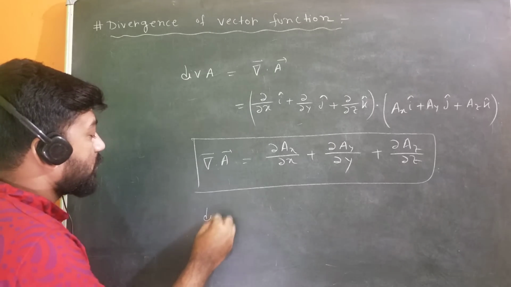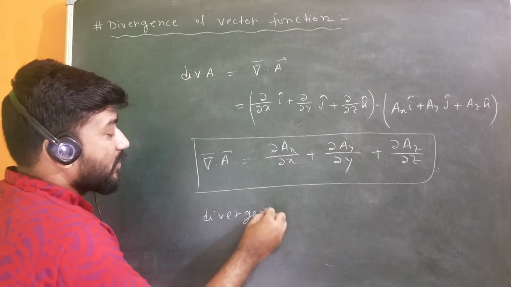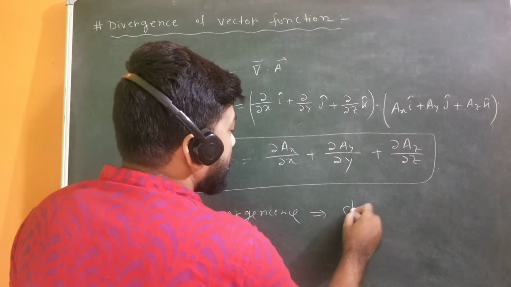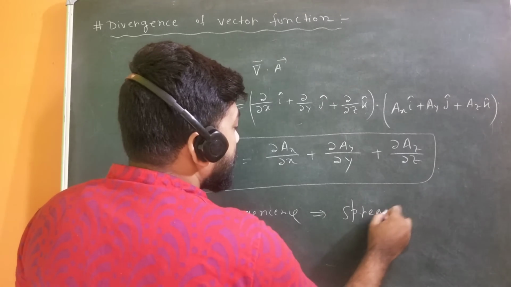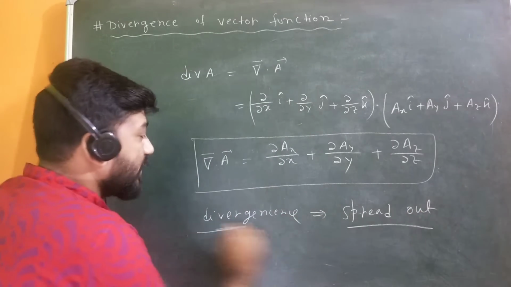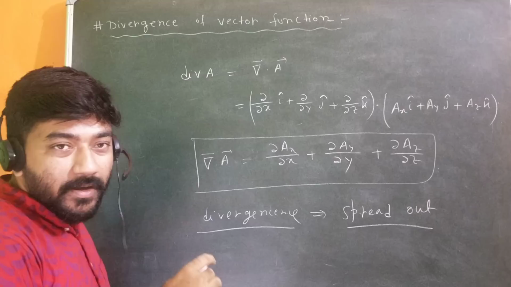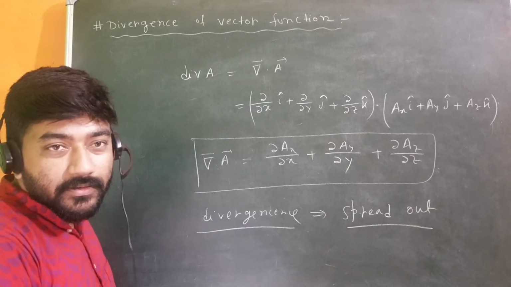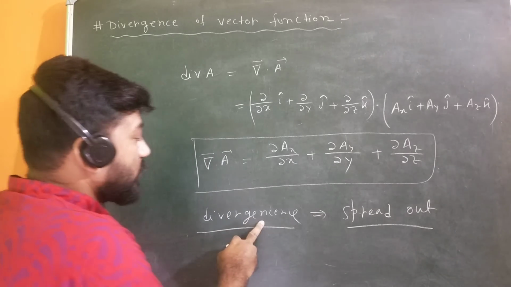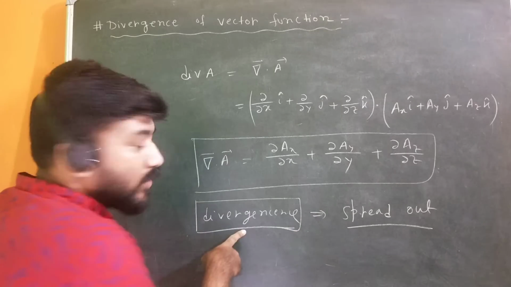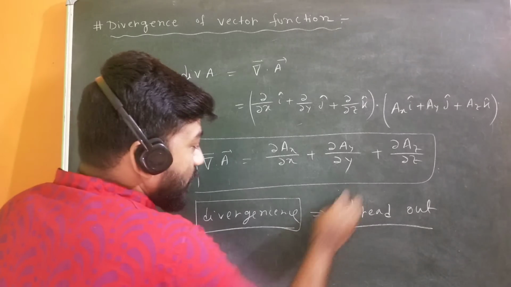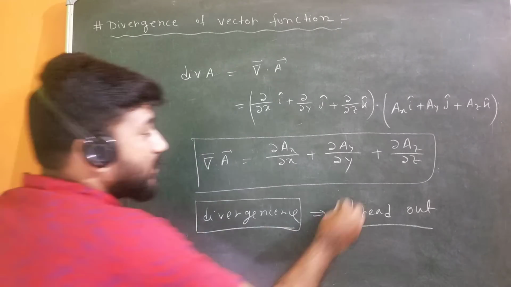The word divergence actually means spread out; something is spreading out. Obviously the quantity which is spreading out should be a flow quantity, something flowing, like the velocity of a fluid. So the name divergence means that the quantity for which we have taken the divergence will spread out.